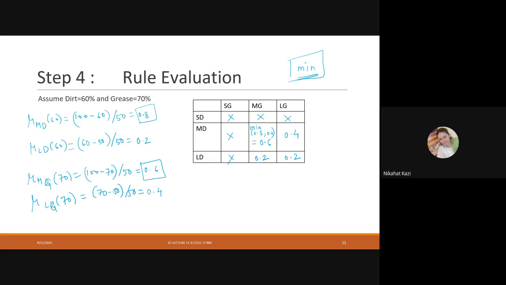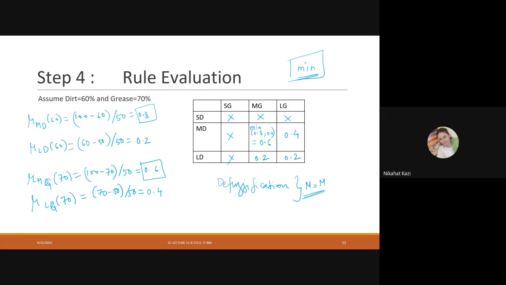So why am I picking up the maximum value? Because the method of defuzzification I'm using is the mean of max. So first of all, we look at the max value, and from that we'll be finding the mean of max. We'll be applying mean of max. That is what we are going to do.